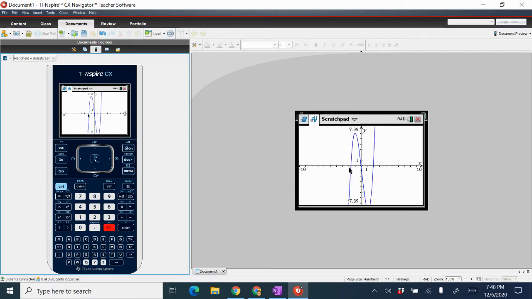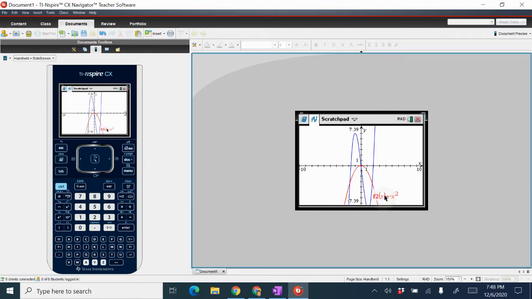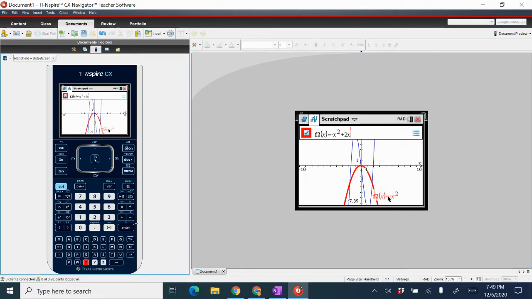So I've got negative x squared, and then tab, plus 2x. And hit enter. All right, so there's my graph.